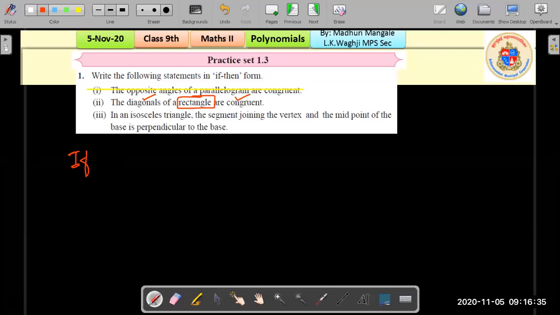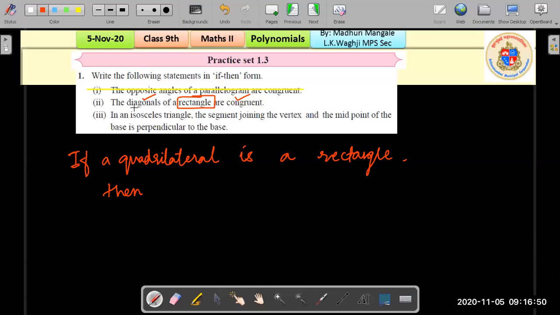Okay, so if a quadrilateral is a rectangle, then what can we say? Then the diagonals are congruent. Isn't that easy?